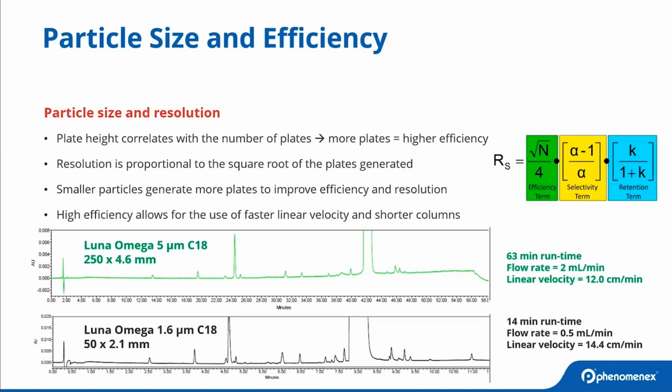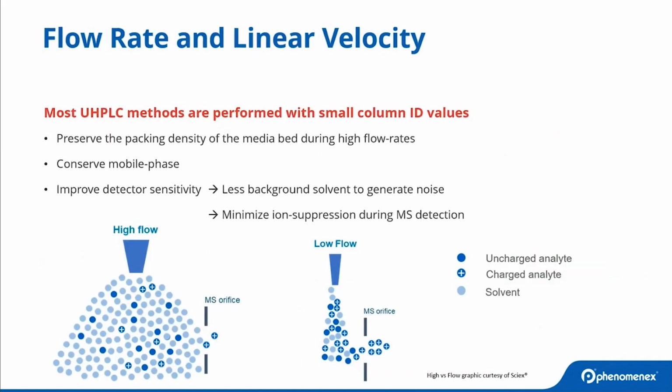Before we can explore how to go about migrating from the upper chromatogram displayed here to the lower chromatogram, it's important to speak about not only how to go about scaling your flow rate for a narrower internal diameter, but also just why we do it.